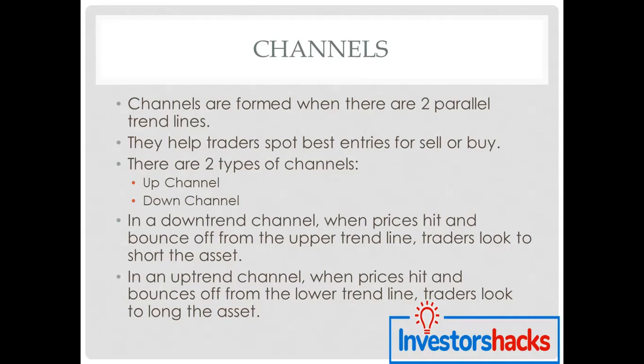In a down channel, when the price hits and bounces off from the upper trend line, traders look to short the asset. And in an uptrend channel, when price hits and bounces off from the lower trend line, traders look to long the asset. When I say to long the asset, they look to buy. When I say to short, they look to sell.